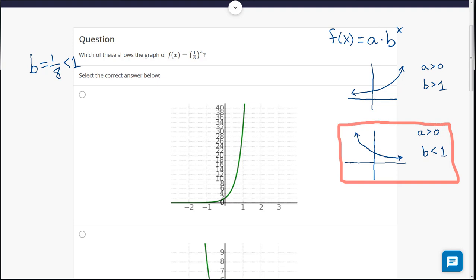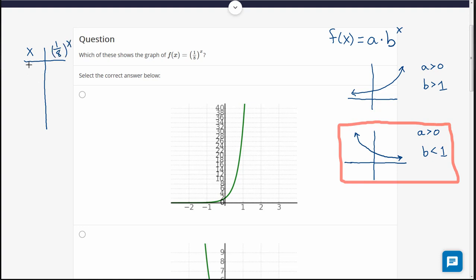That's always something that can work. So let's get rid of this and plug in a few real simple numbers, and hopefully that'll be enough to get us through the problem. I'm going to have x, and then 1/8 to the x.